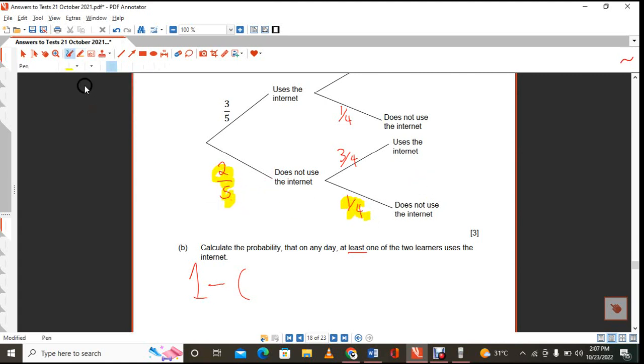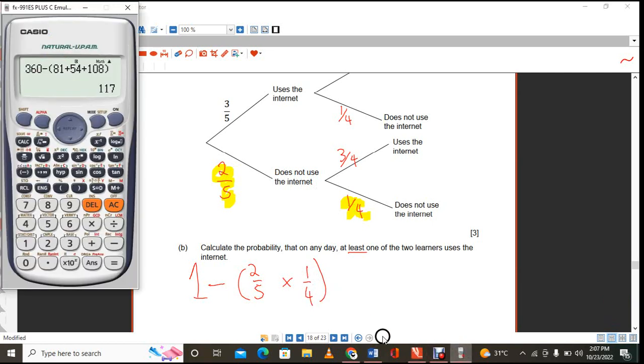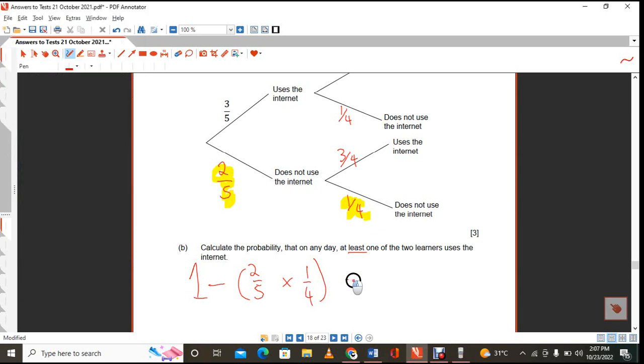So that is going to be 2 over 5. When you go along the branches, you multiply. So we say 1 minus 2 over 5 times 1 over 4. Okay, that's 9 over 10. So the answer is 9 over 10. So that is one way of answering this question.